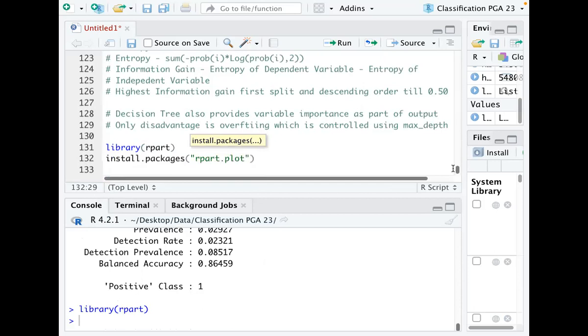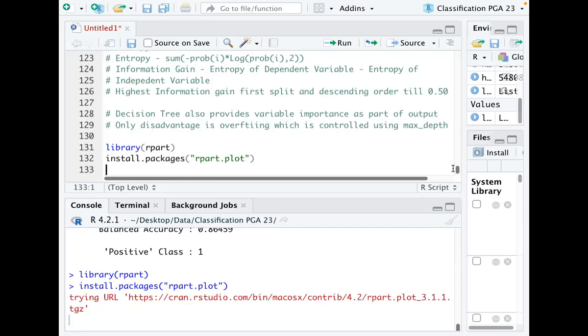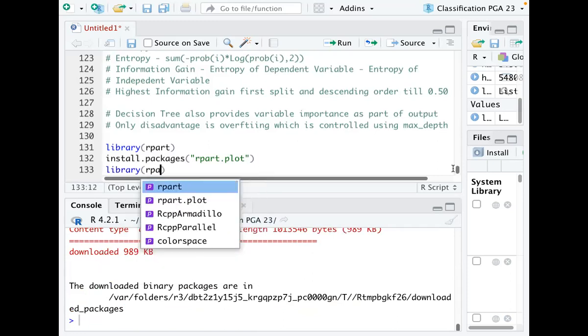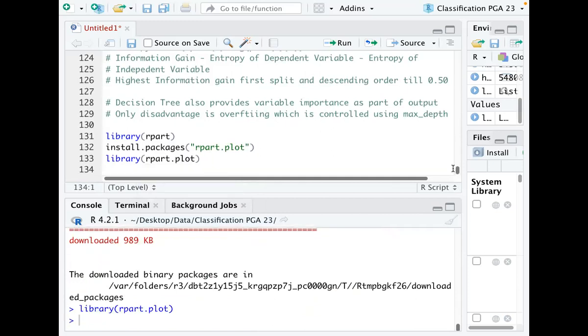This is for plotting the tree. Okay, your cycling is corrected. Library rpart.plot. Recursive partitioning trees.